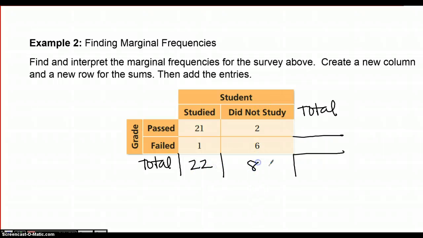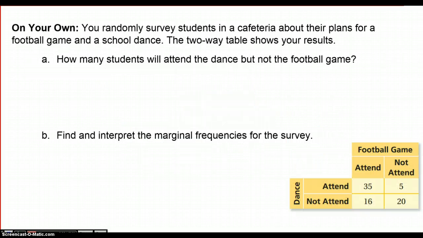The amount of students who did not study was 8. 23 passed, 7 failed, and then this is where you put the 30, where you add up the totals of the things that you totaled. Okay, so that is example 2, interpreting the marginal frequencies. So we created a new column, and then we added the entries, which are the numbers.